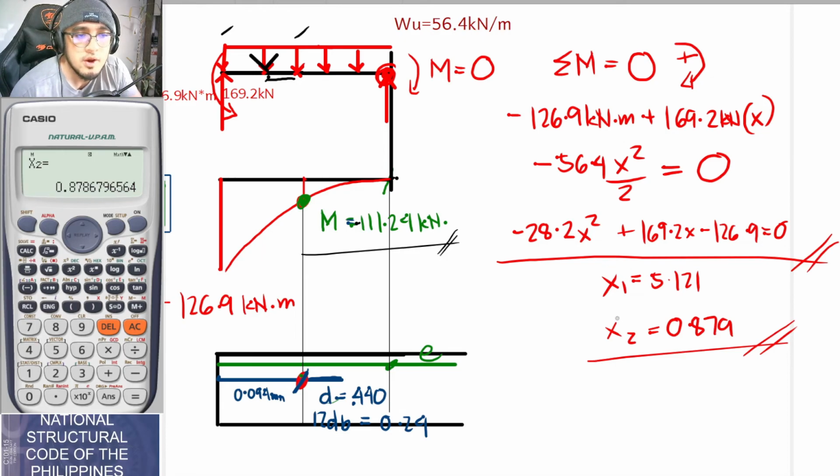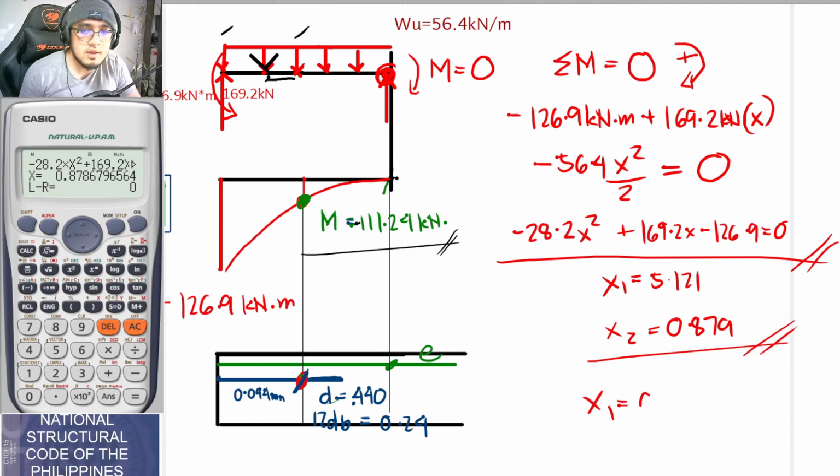Choose the smaller one. Okay, so if you are to solve for it via shift solve, so negative 28.2 times x squared plus 169.2 times x alpha x minus 126.9 is equal to 0. Then shift solve. Then I will be pressing 0 here. So the first answer is to be 0.8787.